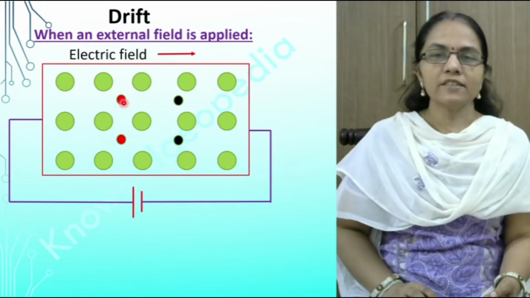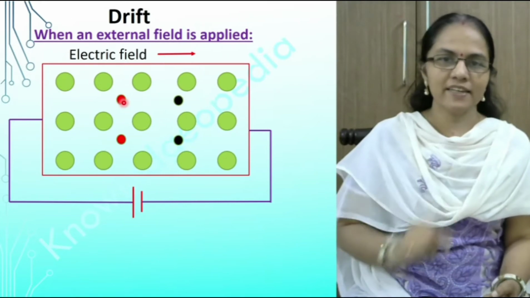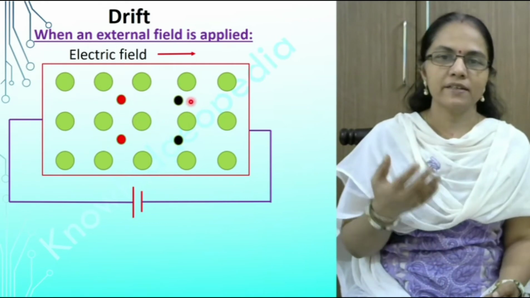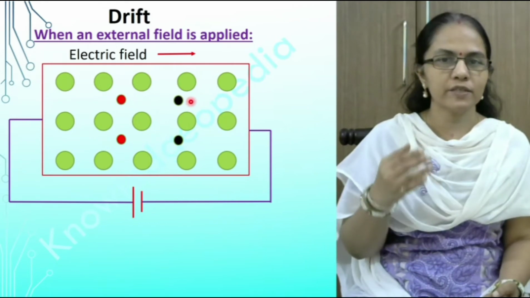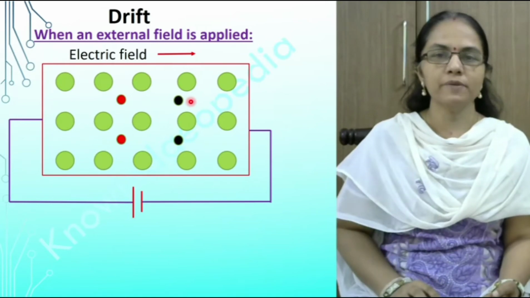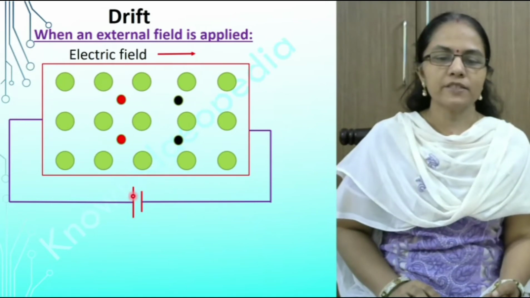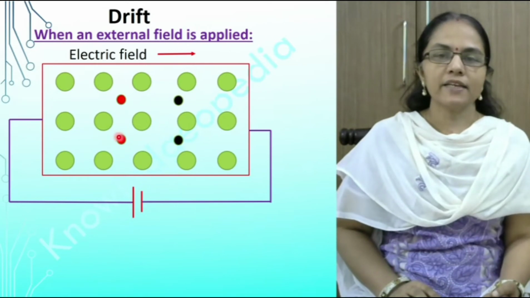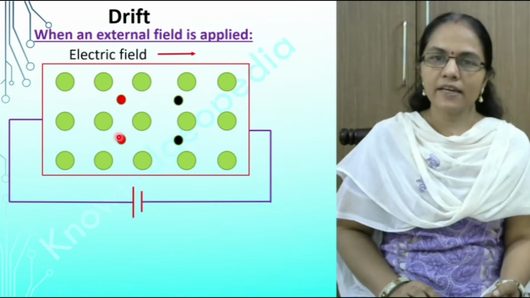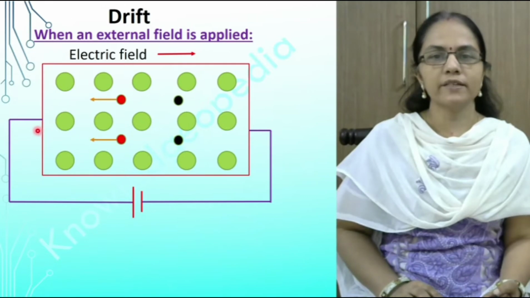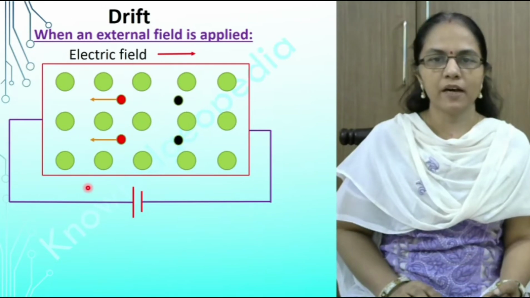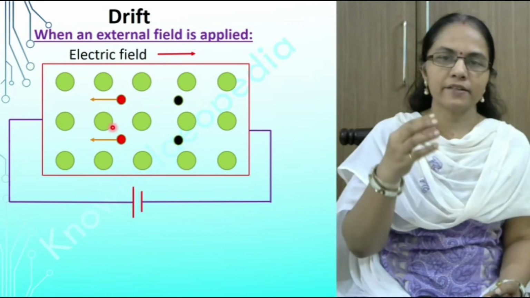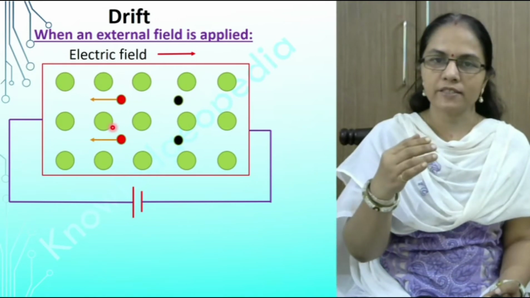What is the charge of an electron? Right, these are negatively charged particles, and holes are nothing but the absence of electrons, and those are considered positive carriers. This is the positive side and this is the negative side. As electrons are negative, they will move towards the positive terminal of the applied electric field, because there is always a force of attraction between oppositely charged particles.